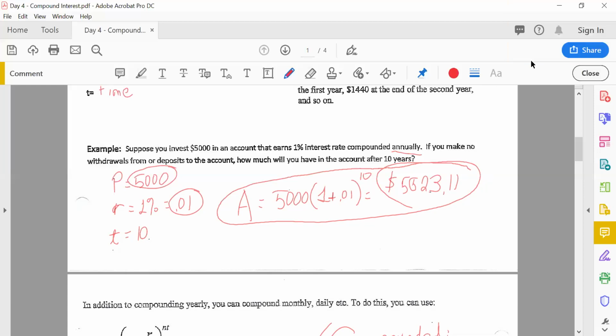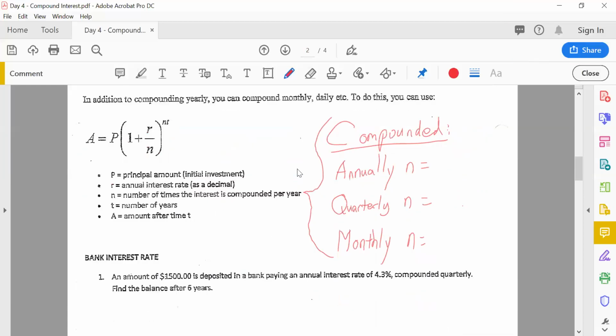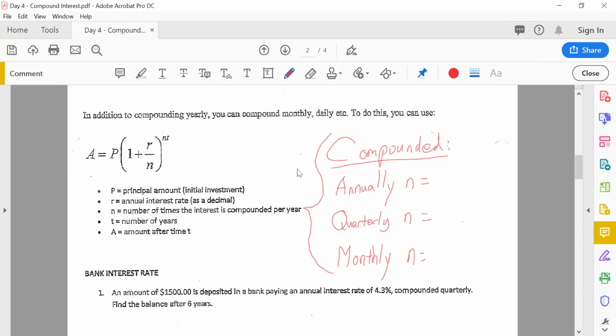And that's called compounding. So in reality, this is the formula that you're really going to deal with through this entire lesson. It's the same as the formula directly above, except we're dividing the interest rate by an n here, and we're also multiplying by n. Do you see that? What is n?